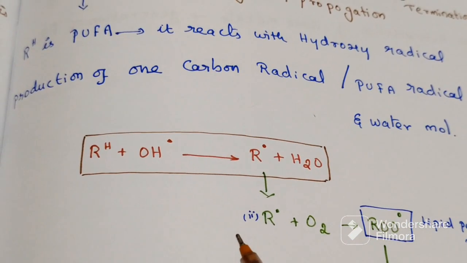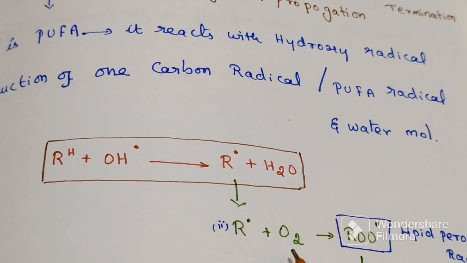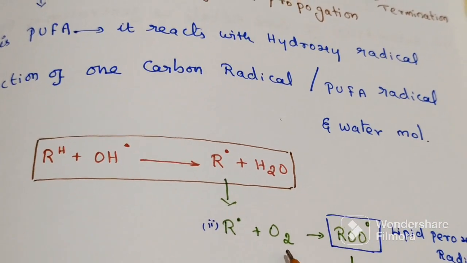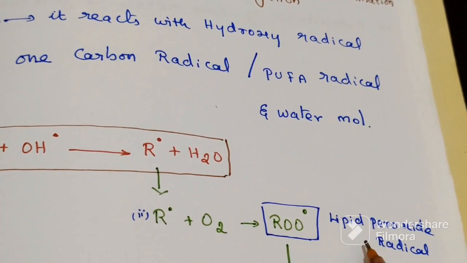When this PUFA radical reacts with oxygen in aerobic condition, it leads to the formation of lipid peroxide radical.